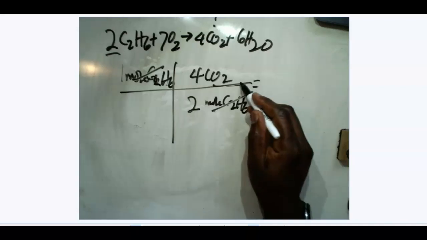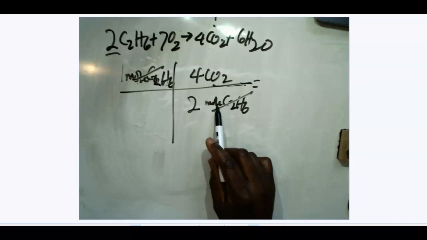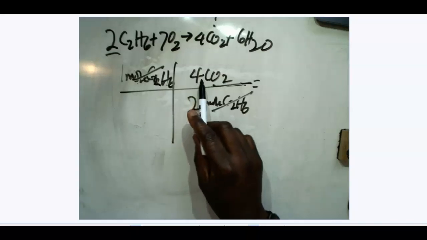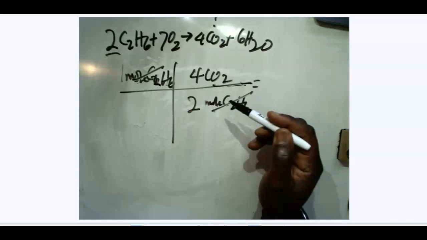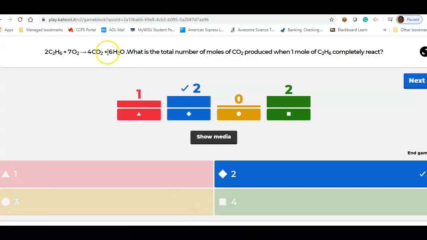Hold on. We're looking for CO2. Let me look at the question again. What is the total number of moles of CO2 produced when 1 mole of C2H6 completely reacts? 1 mole of this completely reacts.